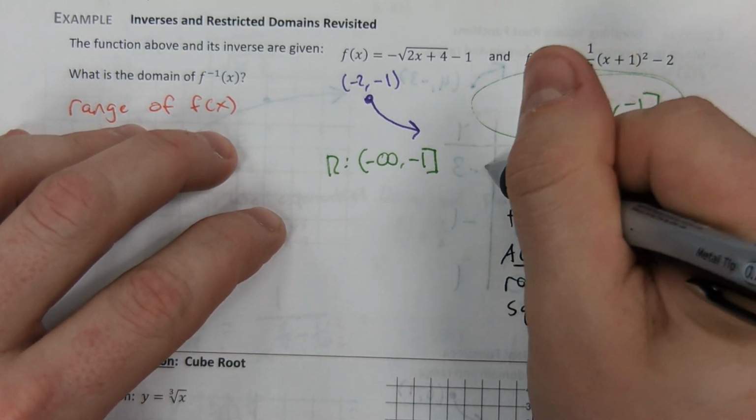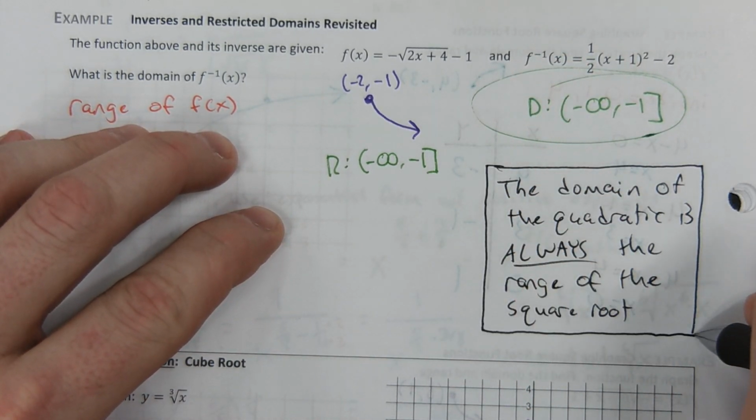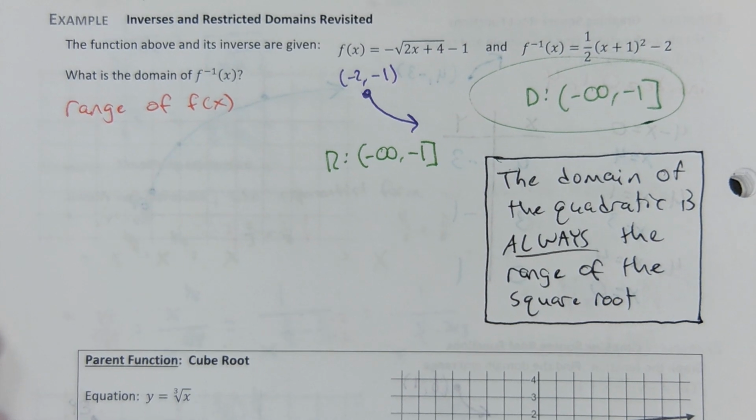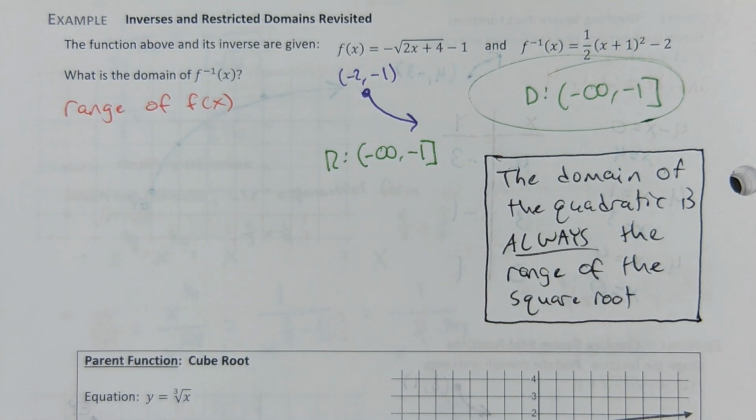We'll put a box around it because it's a rule. An unbreakable rule about inverses. The domain of your quadratic will always be the range of your inverse radical. Always.